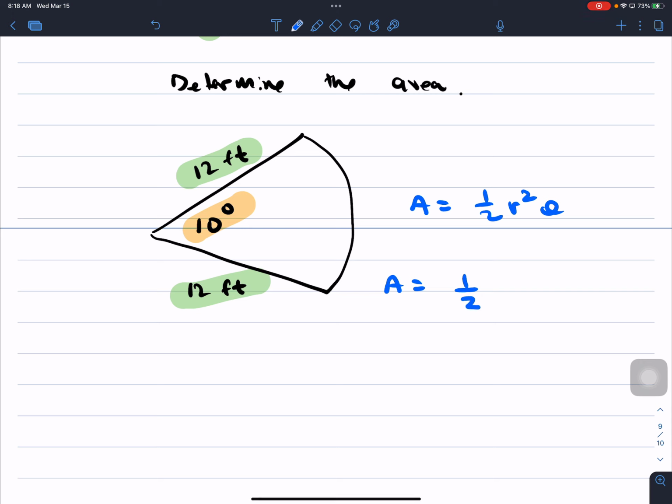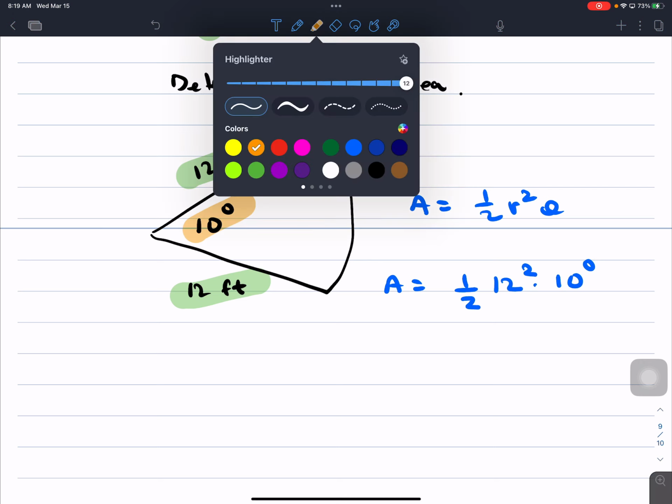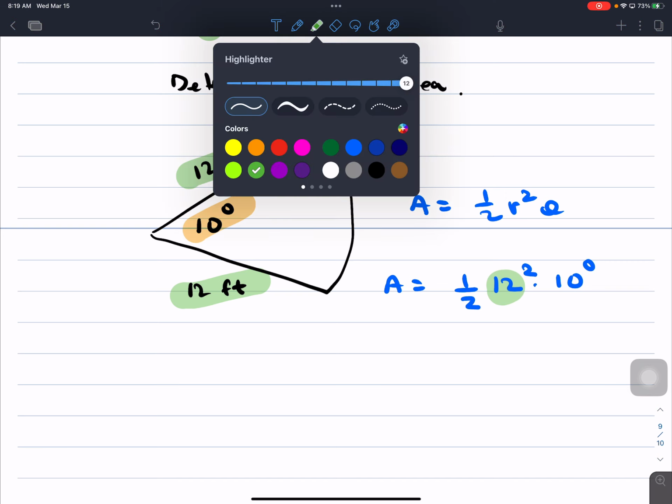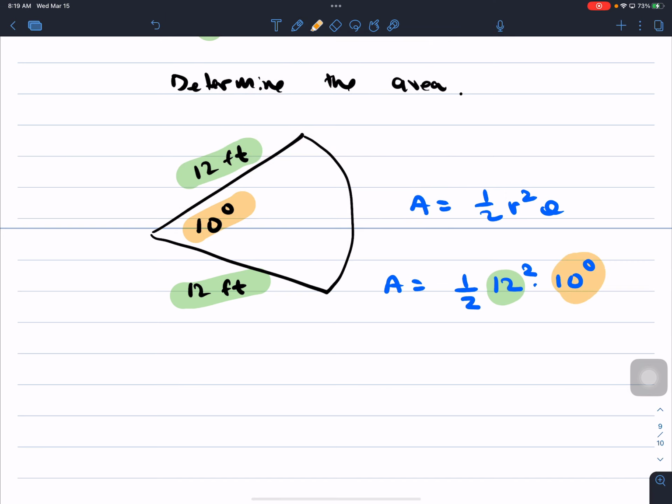What's r? R is what? 12 feet. We're going to square that. What's theta? 10 degrees. So far, so good?